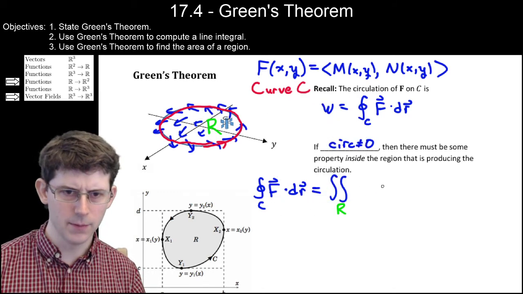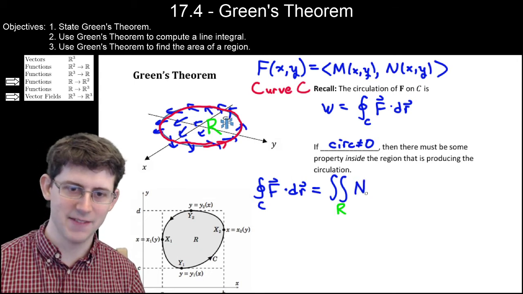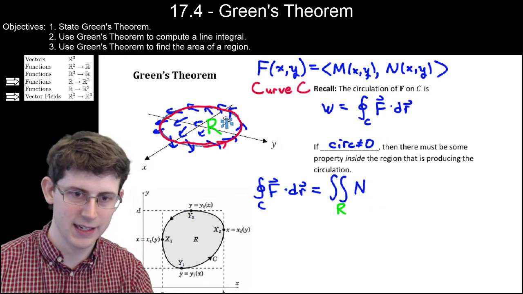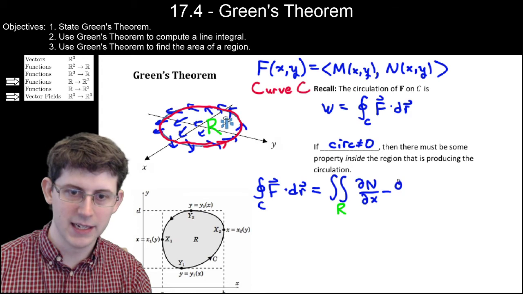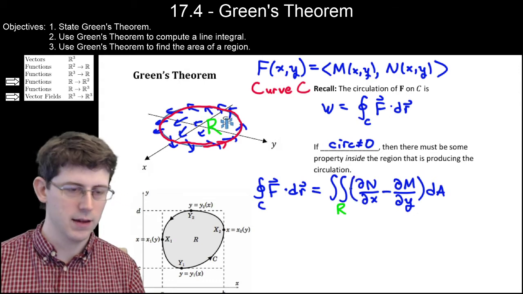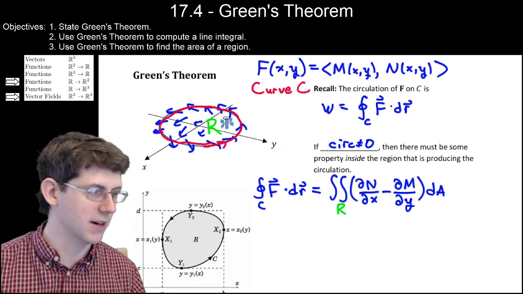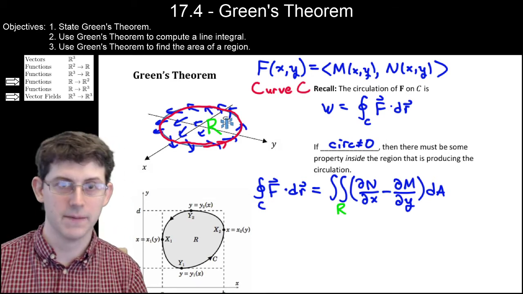Okay, what actually is it? Well, it will end up being, now I'm worried I have the order backwards, but I think it's partial N partial x minus partial M partial y dA. Let me make sure that I have the order right. When we're not actually doing curl, it's really hard for me to get the order correct. Okay, we got it right.